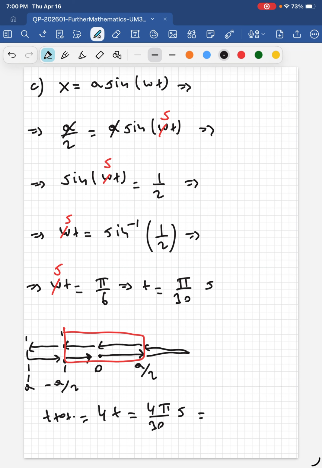But I hope my explanation is correct. So basically, the logic is to find how much time it takes to go from the origin to a over 2 one time, which is pi over 30, and then multiply by 4, because in an oscillatory motion, it's gonna spend its time between minus a over 2 and a over 2 4 times that time.